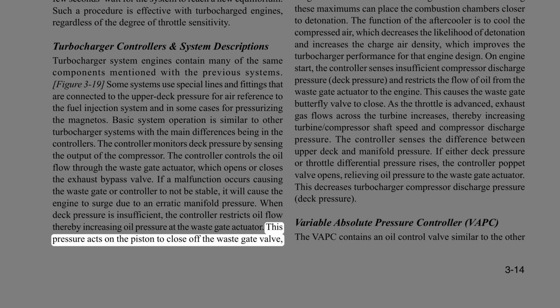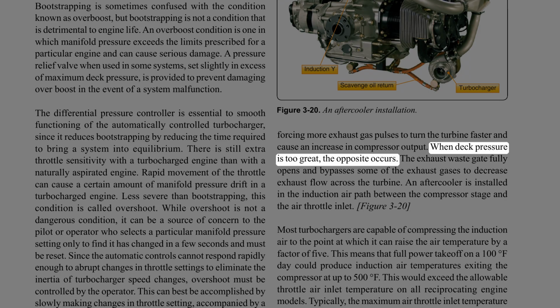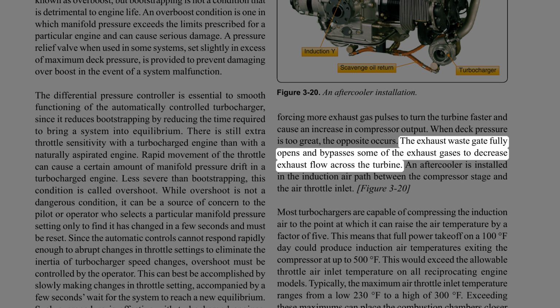This pressure acts on the piston to close off the wastegate valve, forcing more exhaust gas pulses to turn the turbine faster and cause an increase in compressor output. When deck pressure is too great, the opposite occurs. The exhaust wastegate fully opens and bypasses some of the exhaust gases to decrease exhaust flow across the turbine.